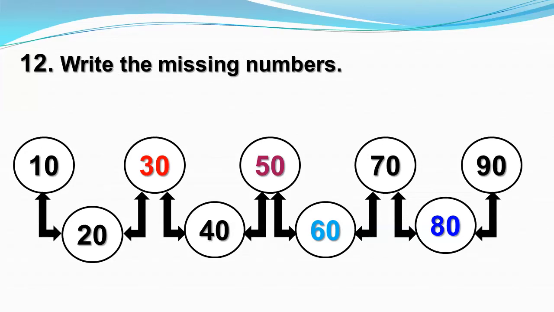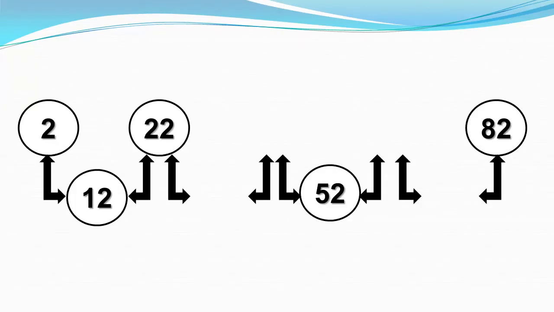Now in part B, there is 2. And when tens add into 2, the number comes 12. And when we add tens into 12, the number will come 22.